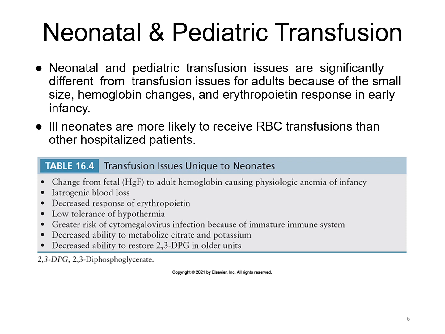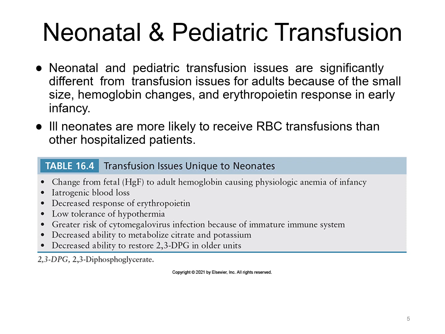So when they already have that small blood volume, when you're constantly removing blood and they're not producing it as rapidly, then you may have to give a transfusion just based off of the fact that you're lowering that blood volume just from testing. They have a decreased response to erythropoietin. They have a low tolerance for hypothermia, so issuing anything that is going to cause that drop in temperature can affect that child.